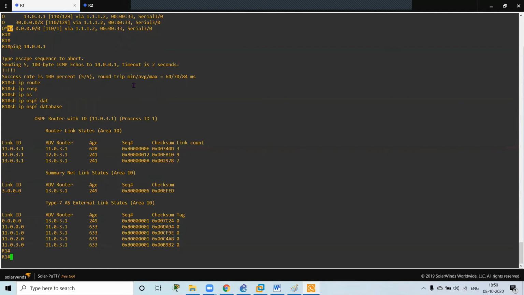It will not have a star. So does the star only indicate the external default? N2 indicates external routes. Star indicates default route, and they are getting advertised in OSPF. That makes it much clearer.